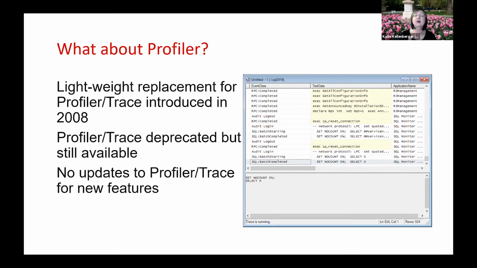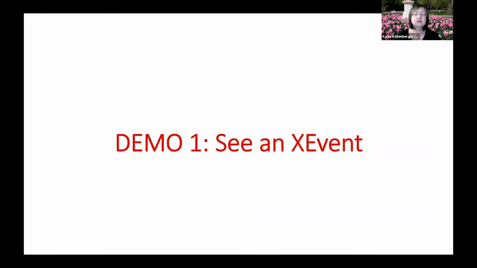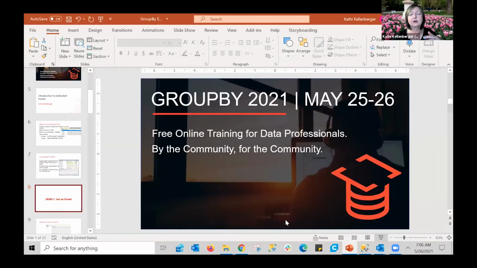Well, there are in extended events, because they stopped adding new features to Profiler. I could be wrong about that, but I'm pretty sure. I haven't tried using Profiler to look at availability groups, but I don't think there's anything there.